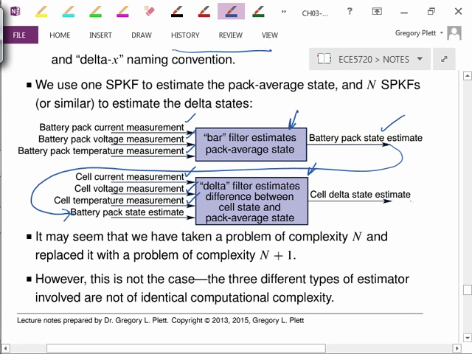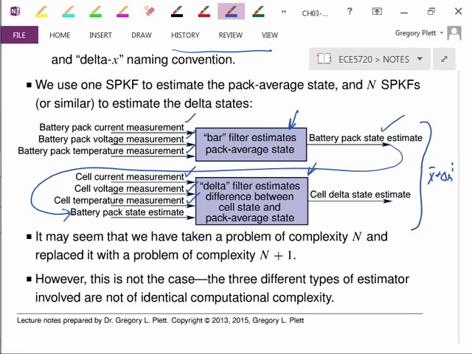And then the output of all of this is the delta state estimate, and together I have x bar plus delta xi gives me the individual state estimates of all of the cells. That's the idea.